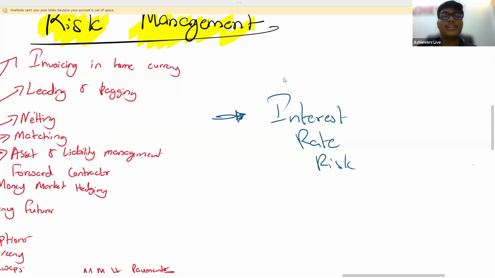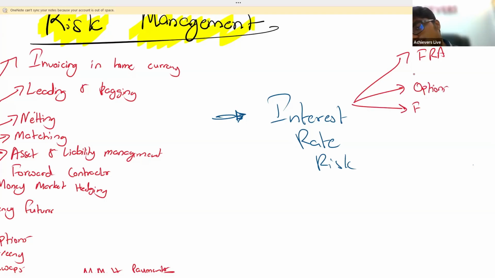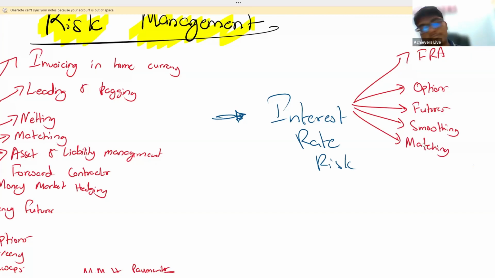Okay. Next, you have interest rate risk, different methods of managing interest rate risk. You have forward rate agreements, you have futures, you have smoothing, you have matching. What else do you have?